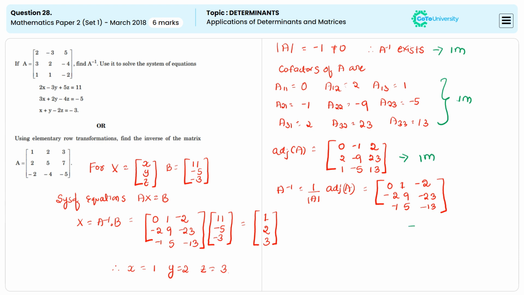Okay, and finding the inverse of this matrix, you get 1 mark. And representing the system of equations in the form of matrix multiplication, you will get 1 mark. And solving this product and getting the value of each of the unknowns, you will get 1 mark. So this is how you get 6 marks for this entire set.